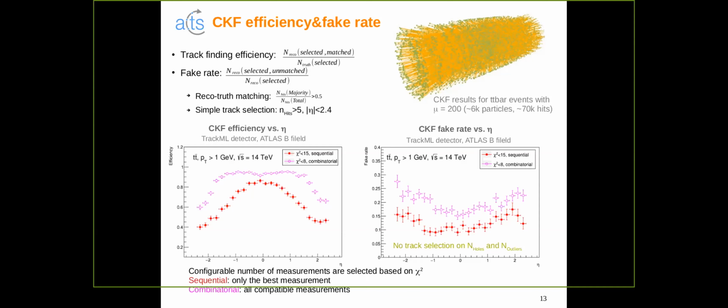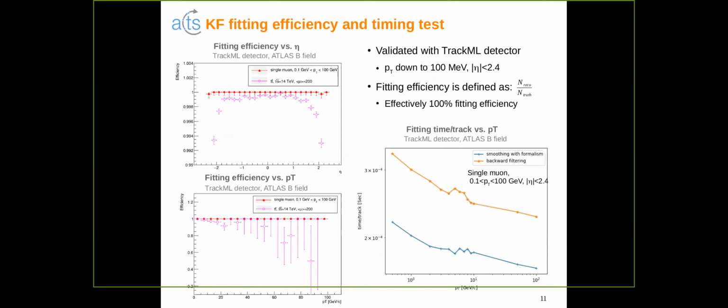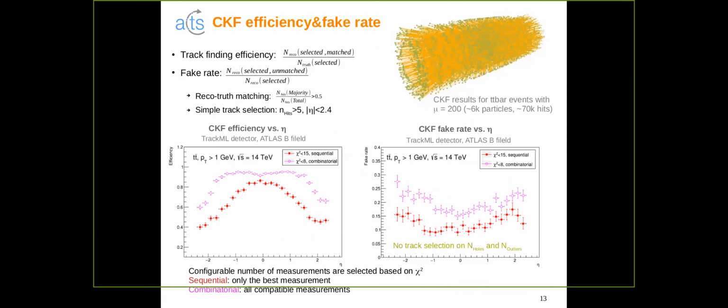Do you mean the comparison with the fitting results? For example, yeah. Okay. Because I'm using some chi-square cut to select the hits, if we don't impose any cut on the chi-square of the hits, this means that we just include all the hits. The efficiency will be just 100.